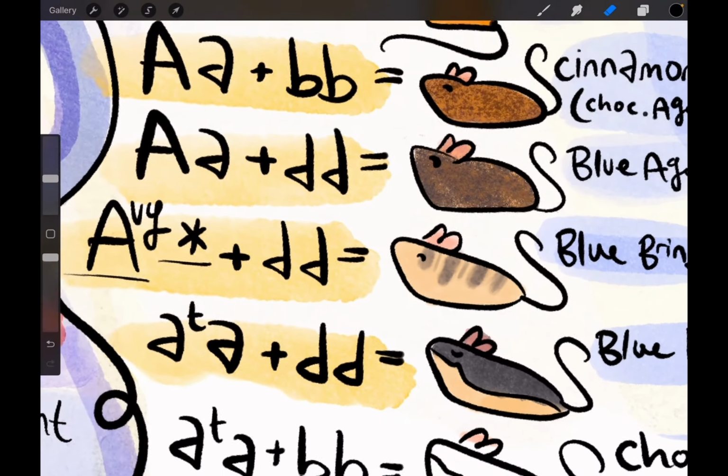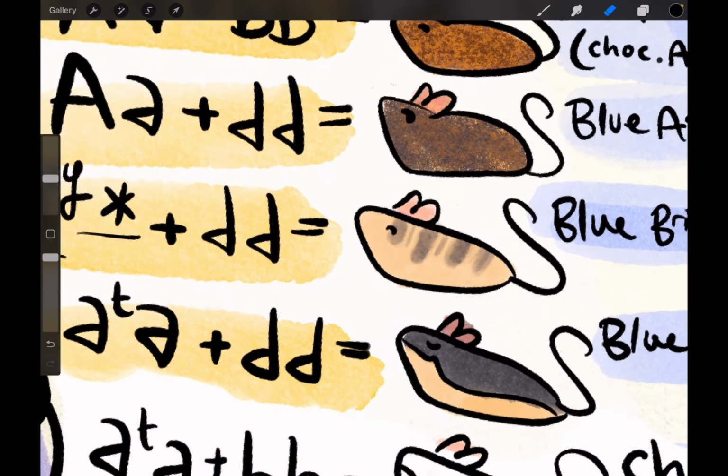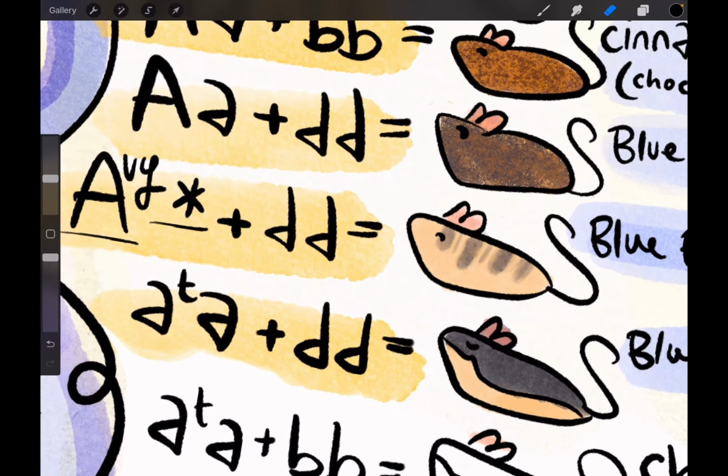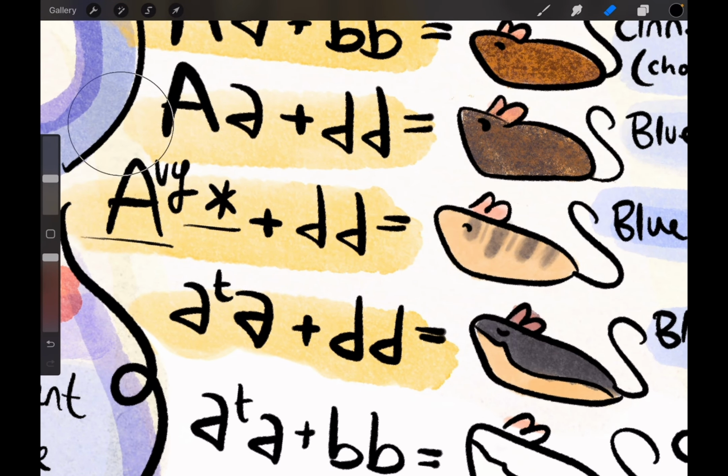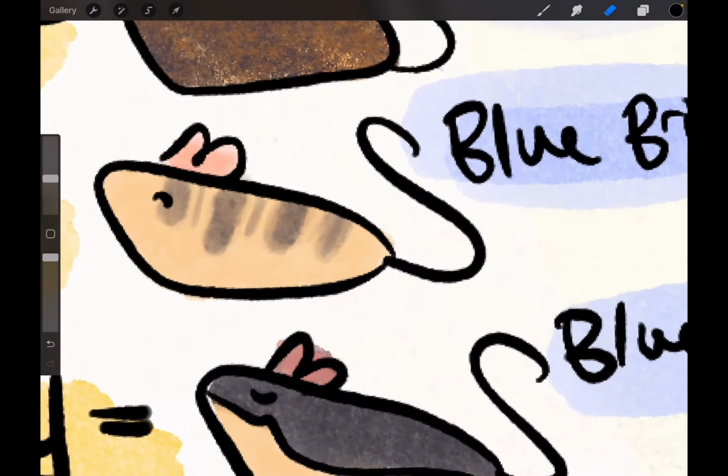And actually, right here, these three are an amazing example of why the A locus is so important. Because see all these guys? There's exactly one gene different between all three of them. Only one. They've all got a homozygous DD. This star could just be a normal lowercase a, not agouti like these ones. So they've all got that lowercase a, but then that one single allele on the A locus is different for each of them, and the result is that different.